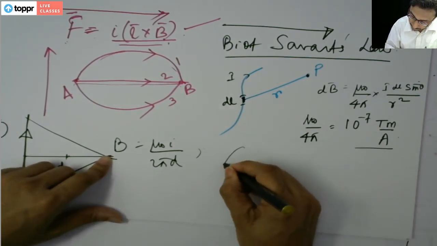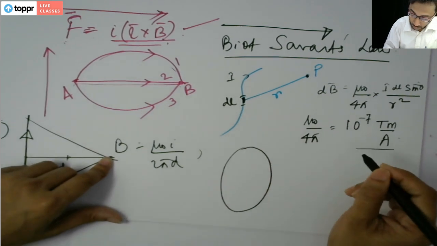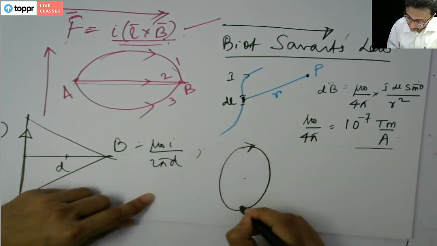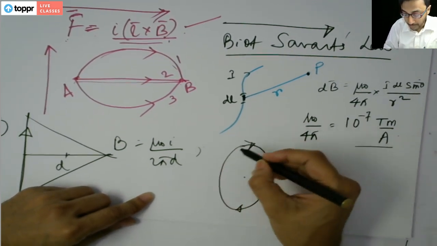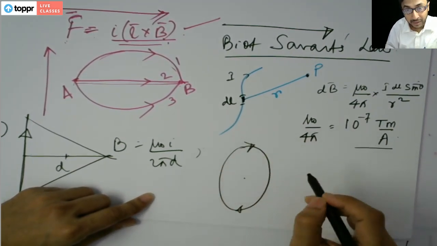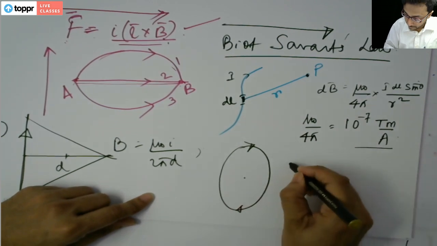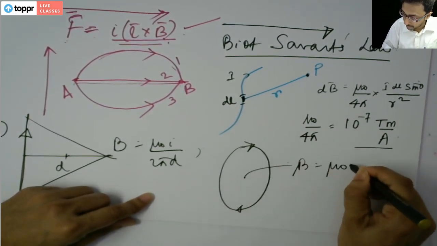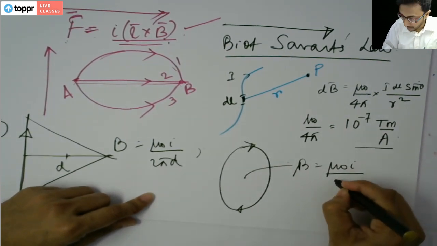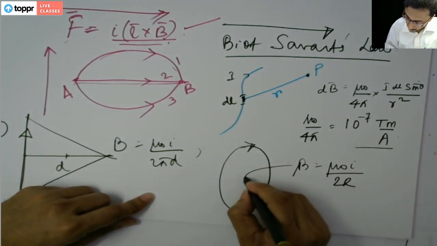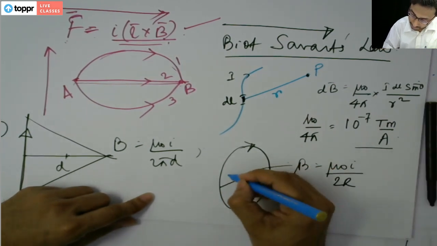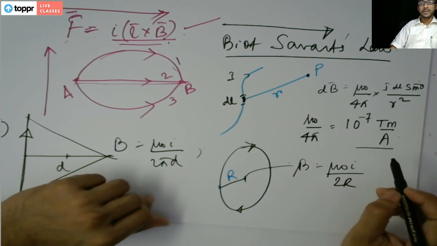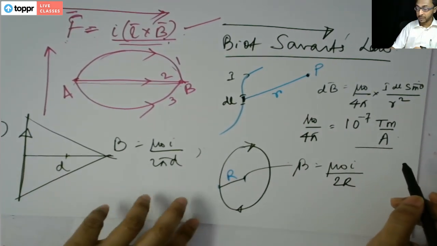Now, what will be the magnetic field generated in a circular coil carrying the current? That is, at the center, B is mu0 I by 2r, where r is nothing but the radius.